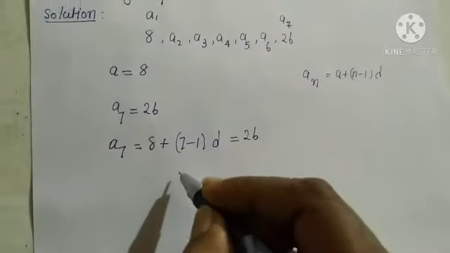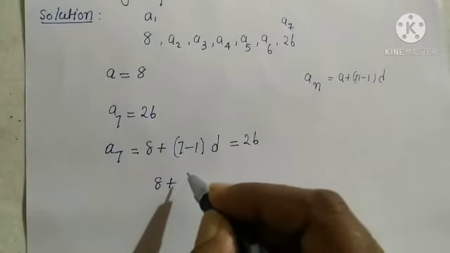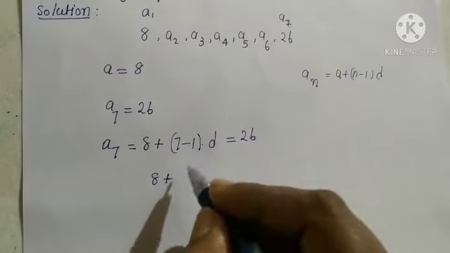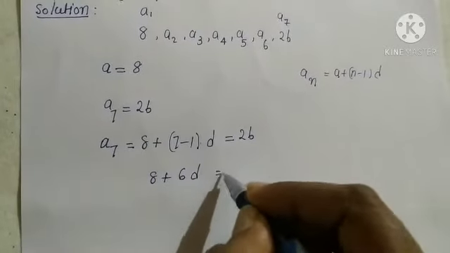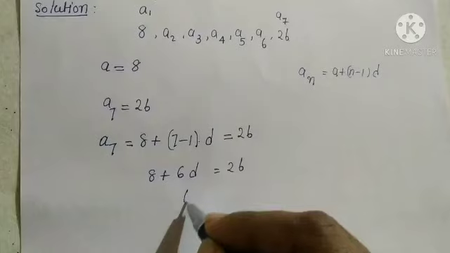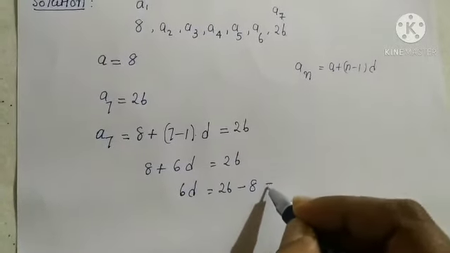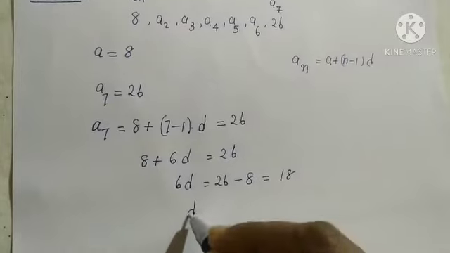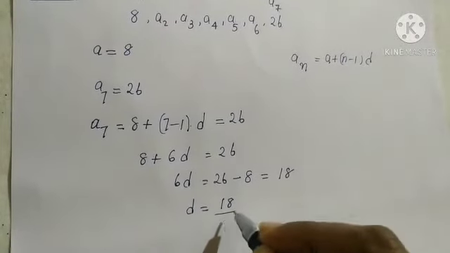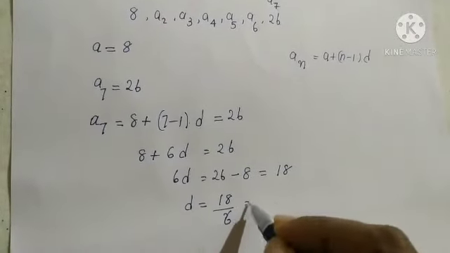So 7 minus 1 is 6D equal to 26, so 6D equal to 26 minus 8, that is 18, and D is equal to 18 by 6, that is 3.